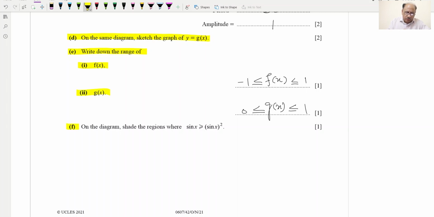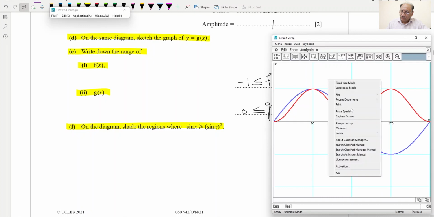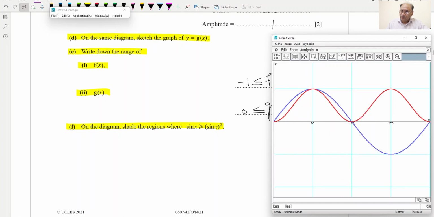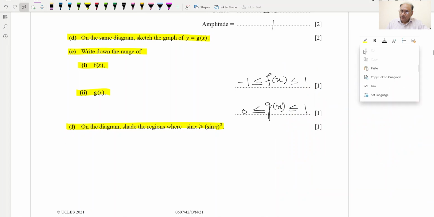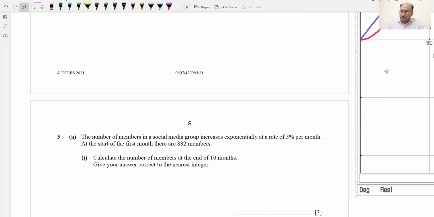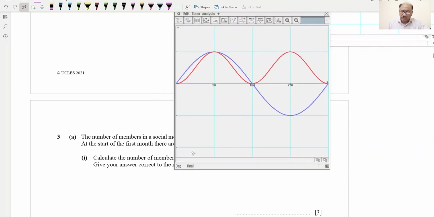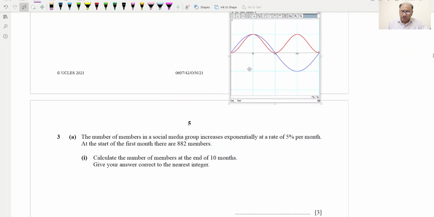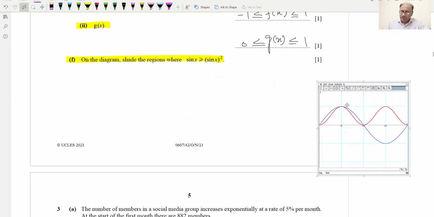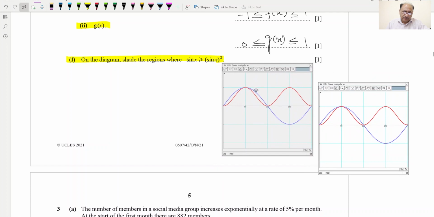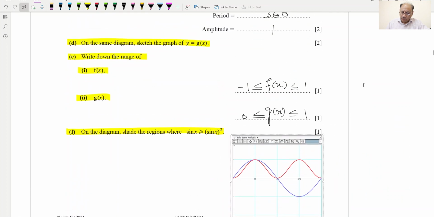On the diagram sheet, before doing this part, we will sketch the curve, and for sketching we will capture the screen and copy it here, and this is basically the curve which we have captured. For your consideration I'll resize it, and this is what we are placing over here. Now we can sketch the red curve which is varying from 0 to 1 at 90 and 180.